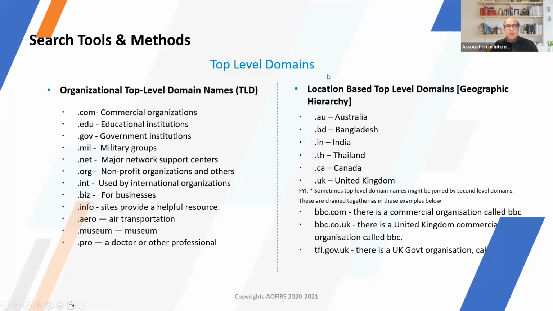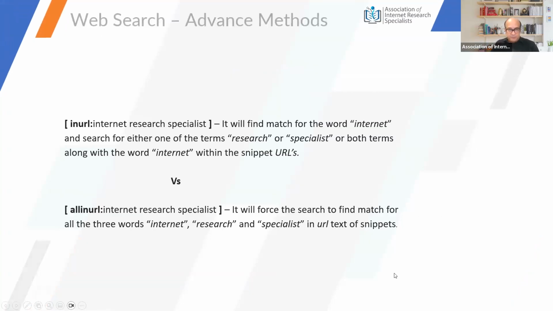There are a lot more abbreviations indicating the TLDs and the geographic hierarchy and origin, and they are listed in detail in the book. So you can actually refer to the book. This is all that we could accommodate in the slide as an example.